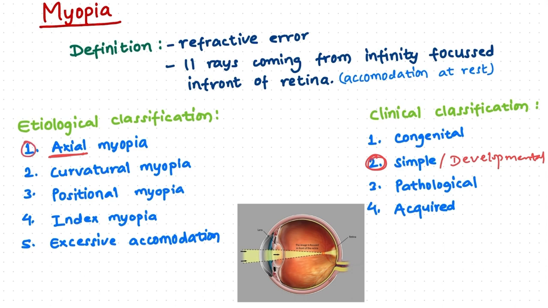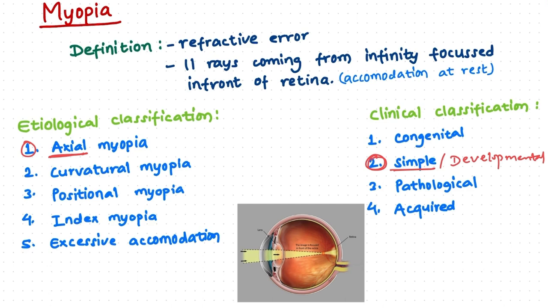The simple myopia is not associated with any pathology of the eye. It is simply a refractive error which occurs because of the normal biological variation in the development of the eye, which may or may not be genetically determined, right?